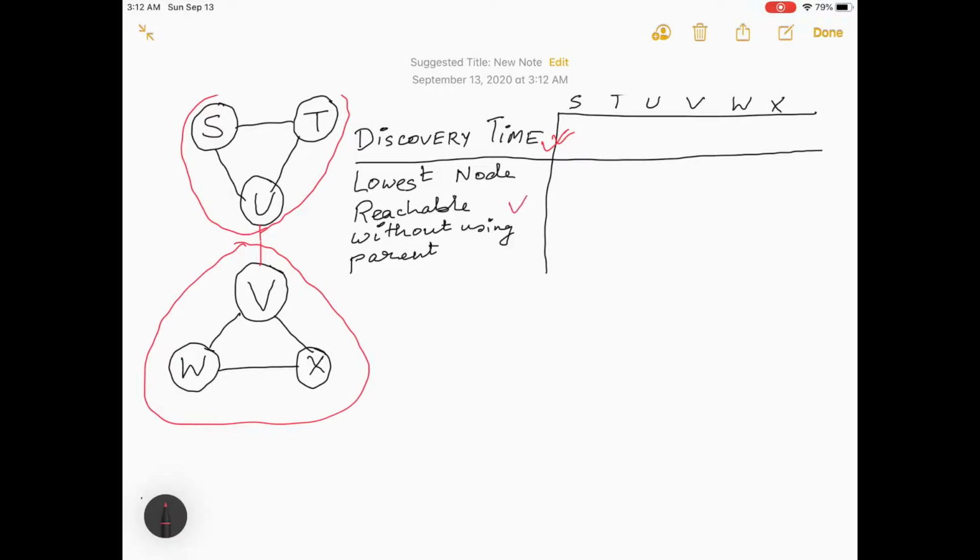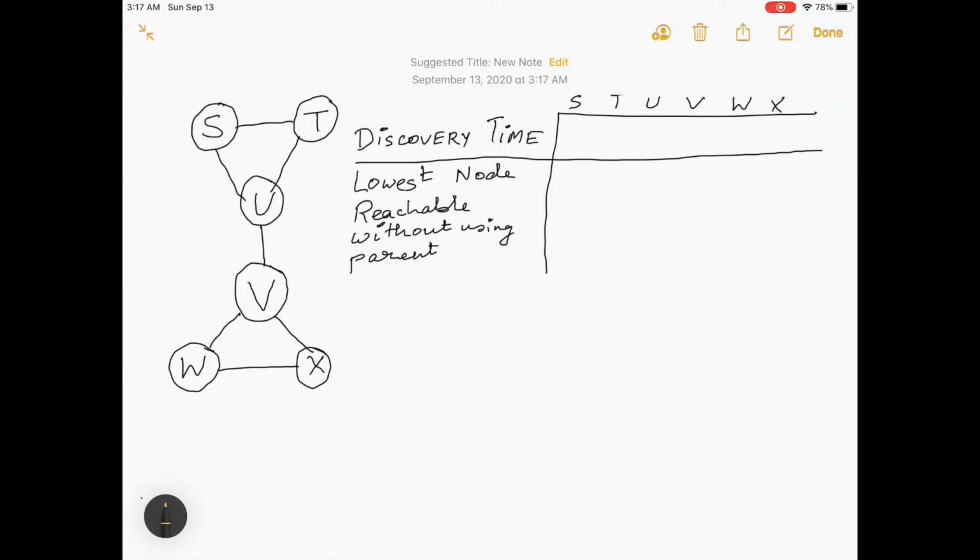And my assumption is you also know what lowest node reachable from a node means. The new concept introduced for computing the bridge is this part, without using parent.